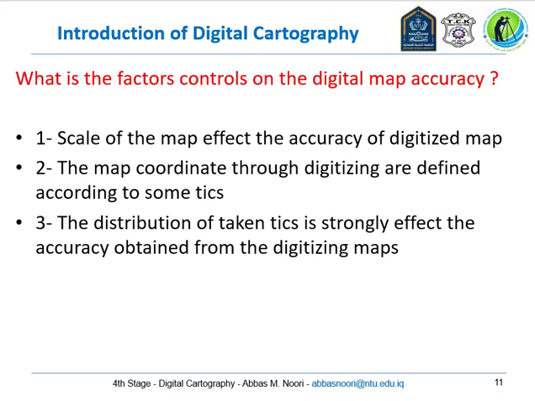When we digitize an analog map into a digital map, it's important to georeference this analog map to give us the exact position or coordinates of all objects. The distribution of the taken ticks strongly affects the accuracy obtained from the digitized map.